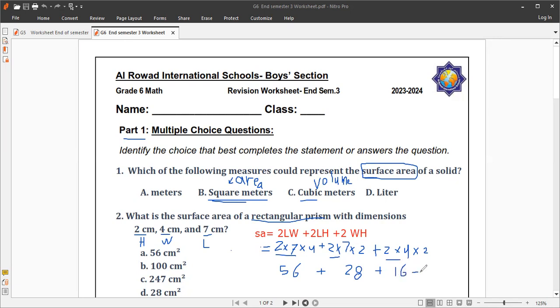Now we need to add them all. 56 plus 16 is 72, plus 28 equals 100. So we choose choice B. Next question.